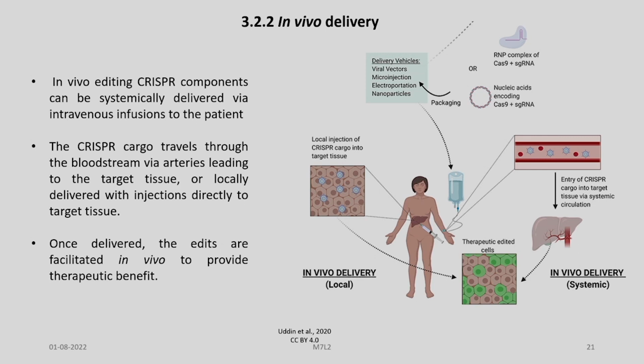Once delivered, the edits are facilitated in vivo to produce therapeutic effect. So, these are the components and these are packaged, and this is being delivered directly through injection into the patient's arteries, and it travels and lands up in the desired tissue.